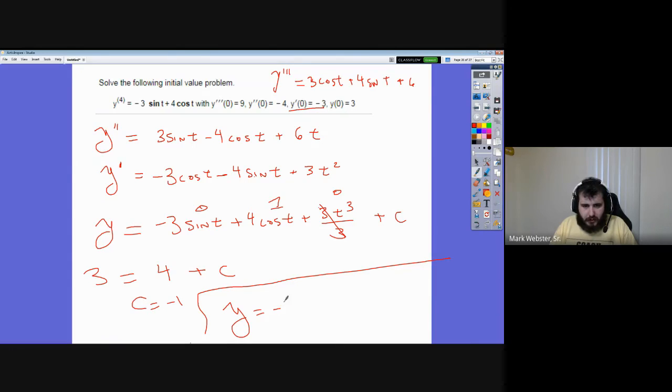Negative 3 sine of t plus 4 cosine of t plus t cubed, right? You can cancel that out here, so you don't need the 3 over 3, plus, what is c here? Negative 1. And that's our whole thing.